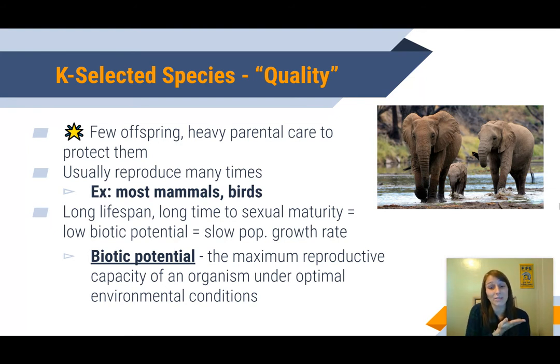Like I said with the elephants, their maximum reproductive capacity is one, maybe two offspring, even in the best of circumstances. This leads to slow population growth over time. We're not going to see big spikes in these populations because it takes a while to add the babies to grow the population.